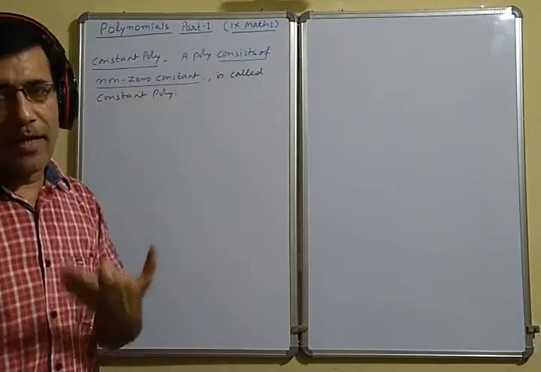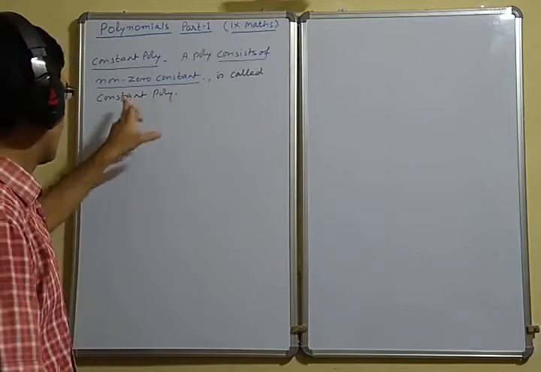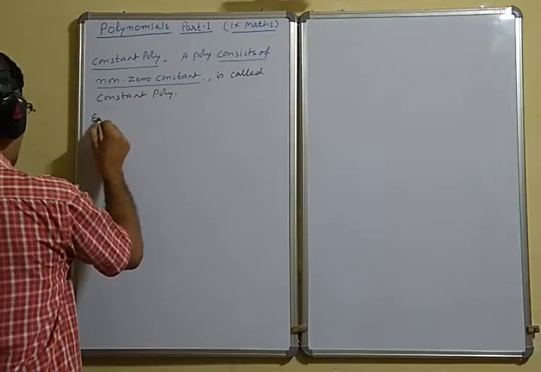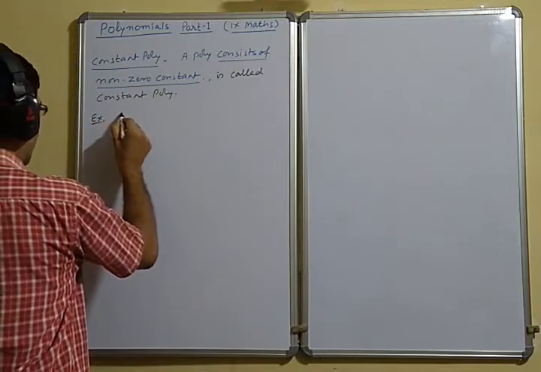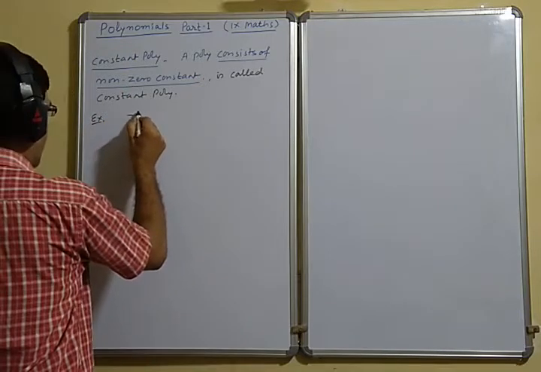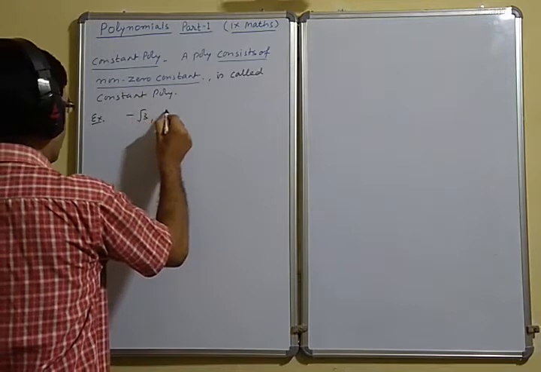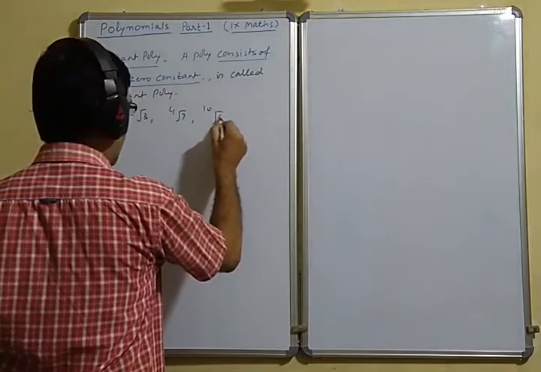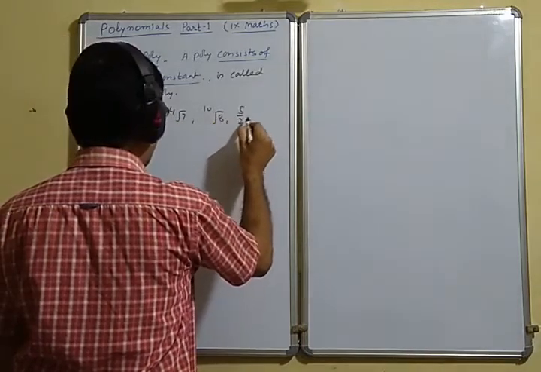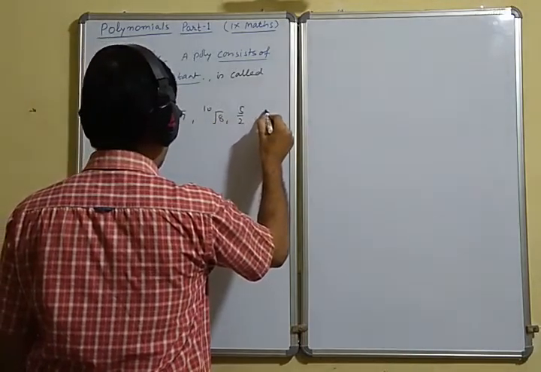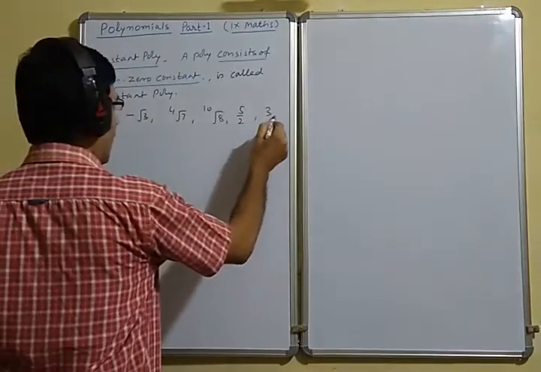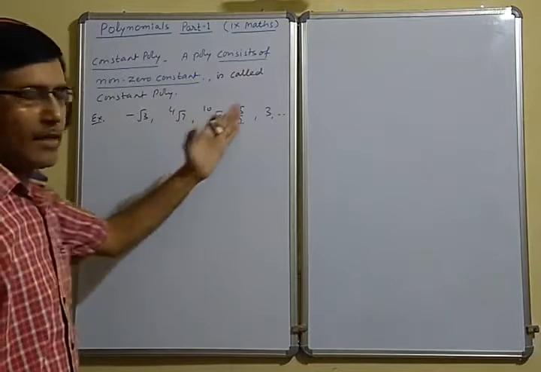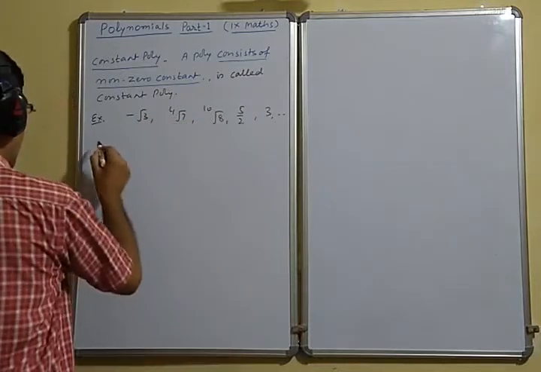So that means it cannot be zero. For example, −√3, ⁴√7, ¹⁰√8, 5/2, 3. These all are constant polynomials.